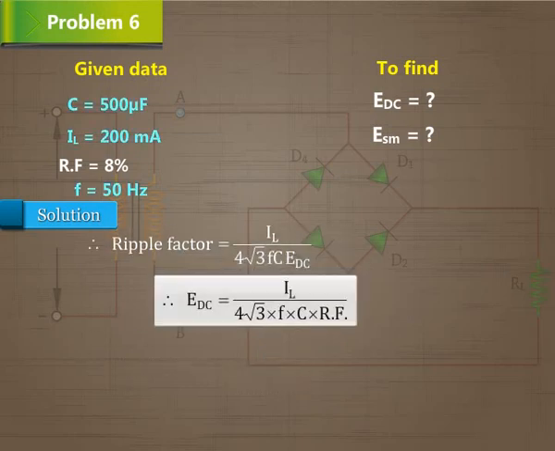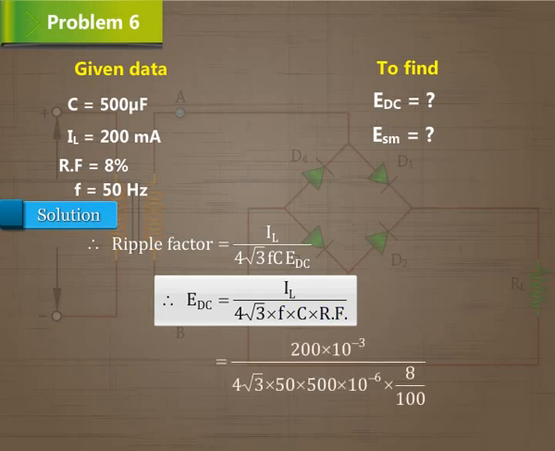Therefore, EDC is equal to IL by 4 root 3 into F into C into ripple factor is equal to 200 into 10 to the power of minus 3 by 4 root 3 into 50 into 500 into 10 to the power of minus 6 into 8 by 100. Therefore, EDC is equal to 14.43 volts.